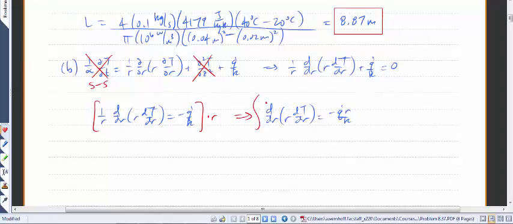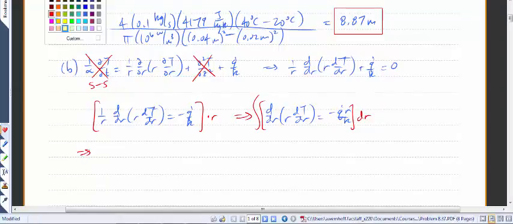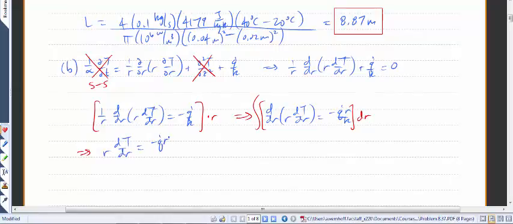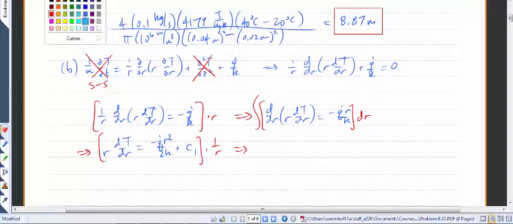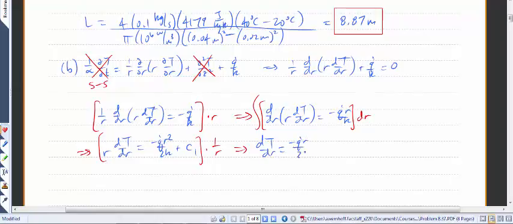We'll then integrate this entire equation with respect to r. This gives us now r dT dr is equal to minus q dot r squared over 2k plus c1. Then we'll take this equation and divide through by r. So it's dT dr is equal to minus q dot r over 2k plus c1 over r.